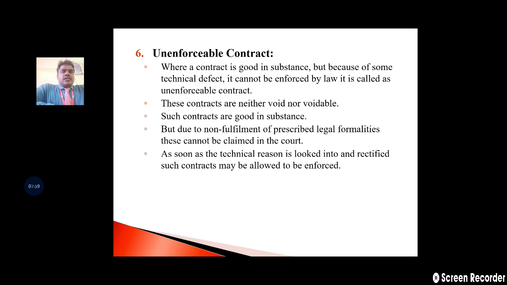Such contracts are good in substance, but due to non-fulfillment of prescribed legal formalities, these cannot be claimed in the court. As soon as the technical defect is rectified, such a contract may be allowed to be enforced.